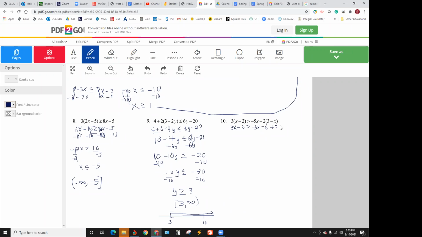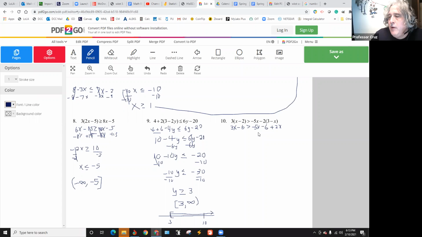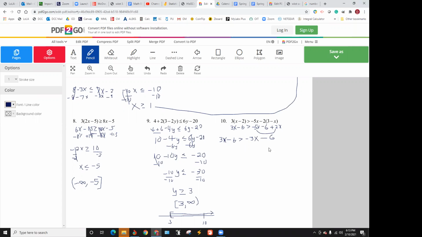All right, so put together anything we can. Those two go together, so that's negative 3x minus 6.